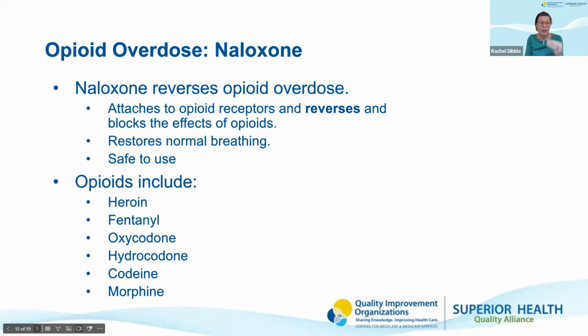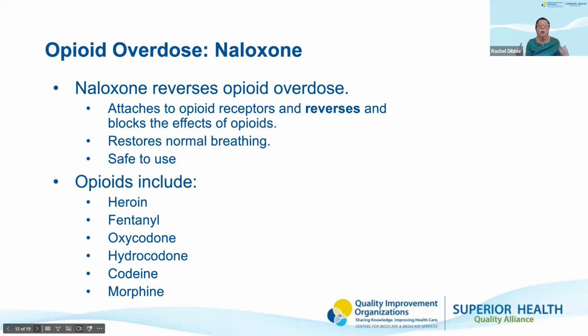So that's the beauty of naloxone. We reverse it, we save a life, and then we deal with the other things we need to deal with. It reverses opioid overdose, rather, attaches to opioid receptors and blocks the effects of opioids. I'm thinking here it's probably the mu receptor. It's dealing with the clinical piece, not the behavior, not the stigma, not the dependence, not the withdrawal, right?